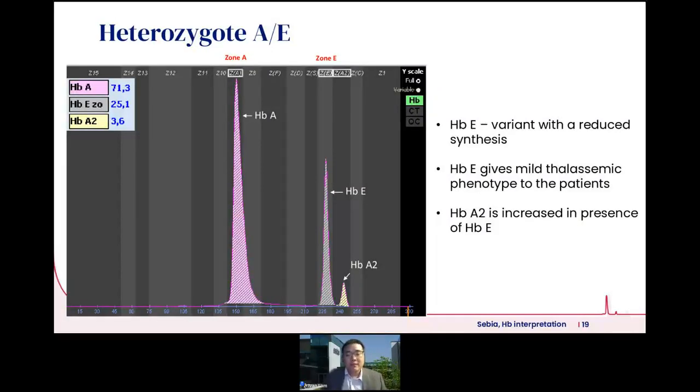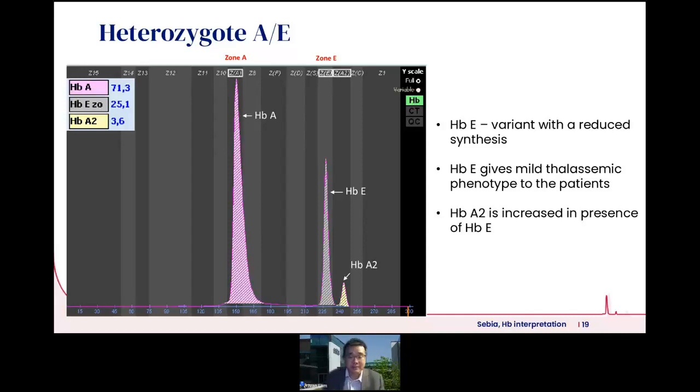Now, for the heterozygous form of hemoglobin E, even though it's a beta variant, you will notice that the hemoglobin E fraction in this case is lower, about 25.1%. Uniquely, hemoglobin E is a special variant with reduced synthesis, so it presents like a mild thalassemia phenotype in patients, unlike the other common variants shown in the previous slides that have a higher percentage in composition.